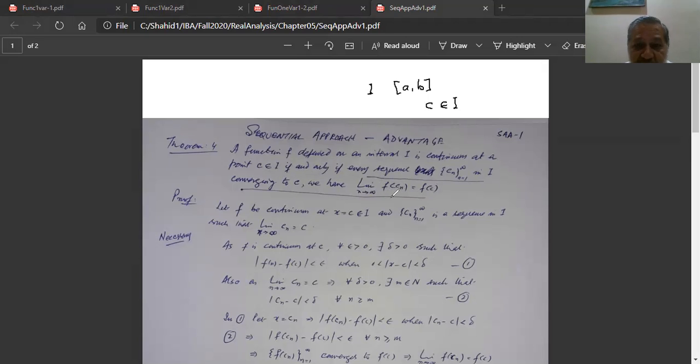So that is a replacement of the basic idea of limit x approaches c of f(x) is equal to f(c).